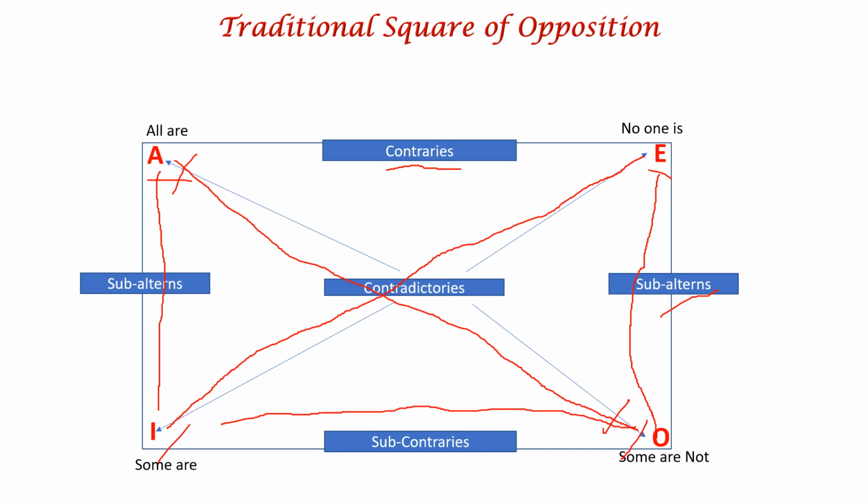That is contradictory. You know the meaning of the word contradiction, the reverse. And in the same way, if O is true, then A will be false. Again, remember, they must have the same subject and same predicate.